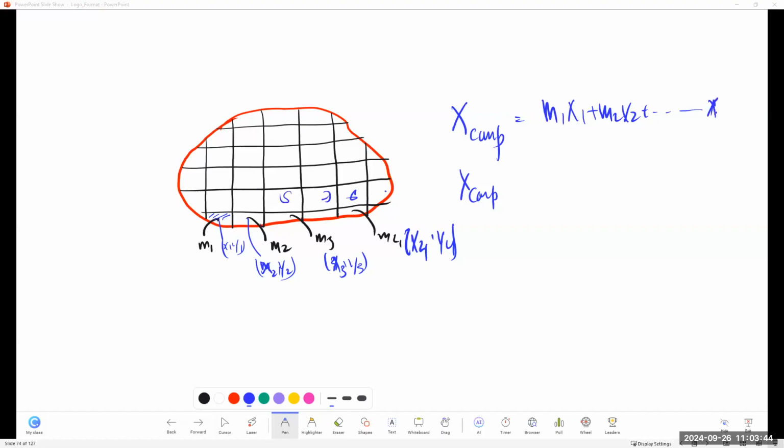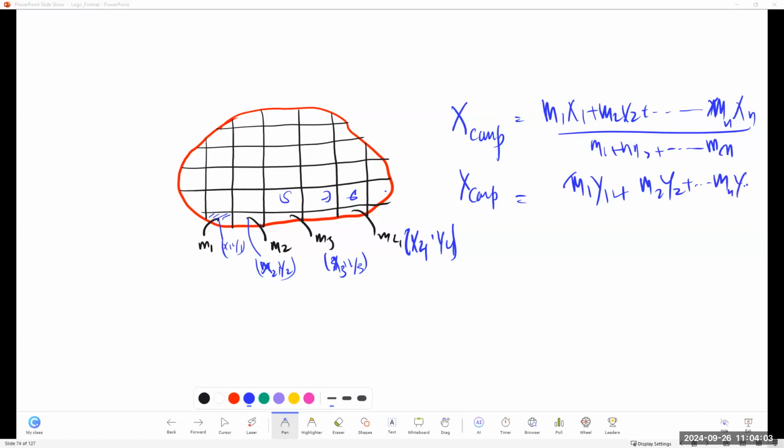I can call it m_n x_n divided by m1 plus m2 plus dot dot dot m_n. Same thing, I can write the y formula: m1 y1 plus m2 y2 plus dot dot dot m_n y_n divided by m1 plus m2 plus dot dot dot m_n. Okay.